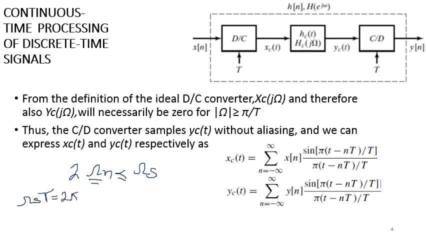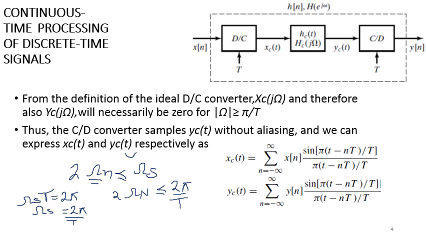So that means omega s equals 2 pi by capital T. Or instead, we can just say 2 times omega N must be less than or equal to 2 pi by capital T. Remember that capital T is the sampling period.